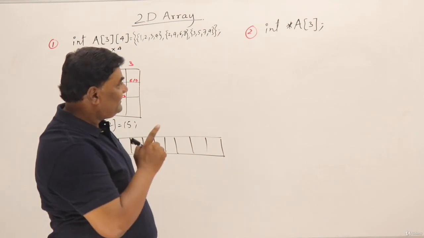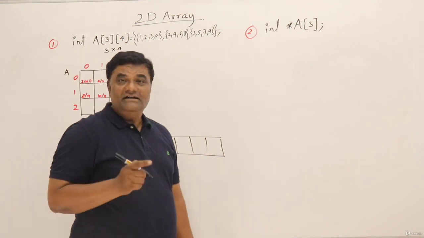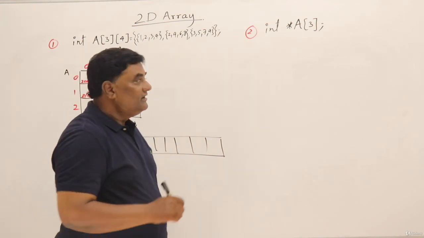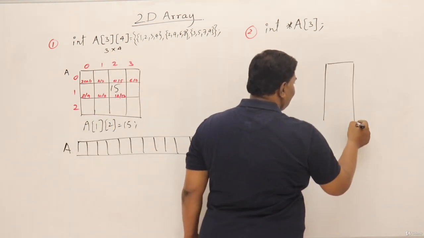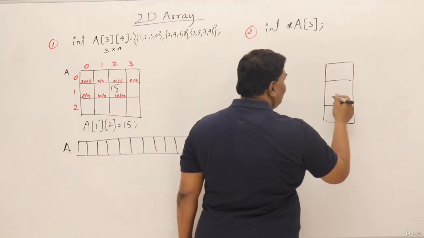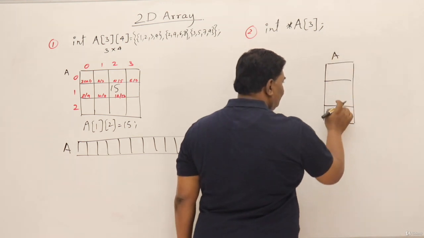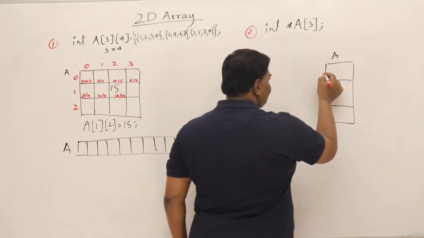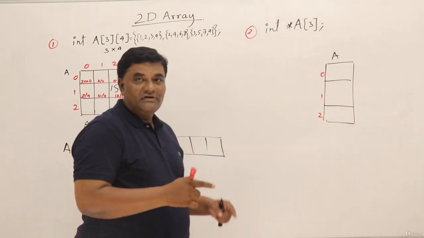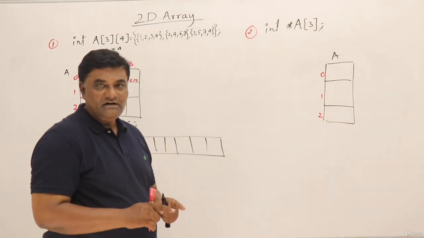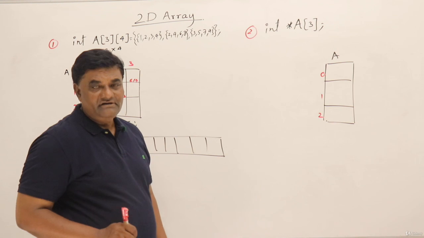But this is not an array of integers. This is an array of integer pointers. So I will draw the picture for that. This A will be created like this, and these are all pointers. So this is index 0, index 1 and index 2. Now I have just an array of 3 pointers.